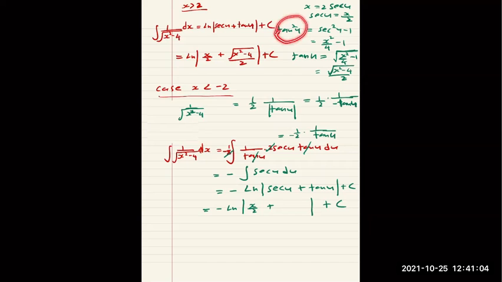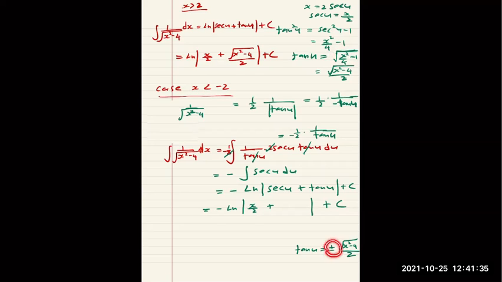Tan squared u is equal to secant squared u minus 1. You can, of course, plug in for secant u. You get this one. And here, again, you need to put plus or minus, right? So your tan u is going to be plus or minus square root of x squared minus 4 divided by 2. Remember, in the previous case, we determined that you need to have a plus sign. But in this case also, we need to determine whether we are going to have a plus sign or a minus sign.